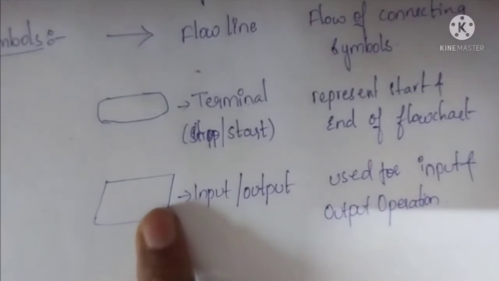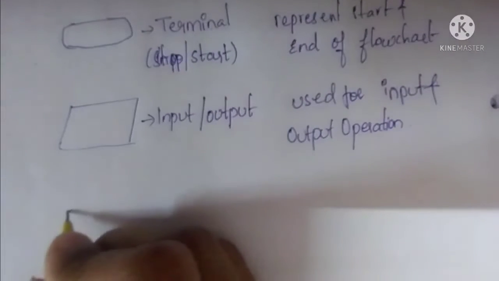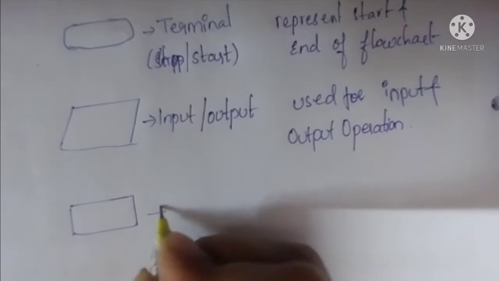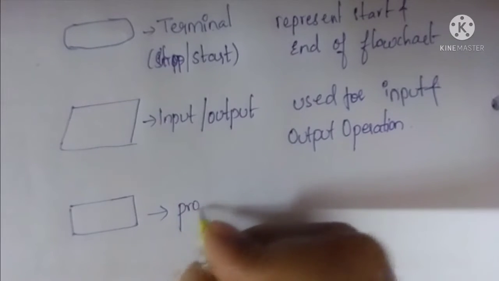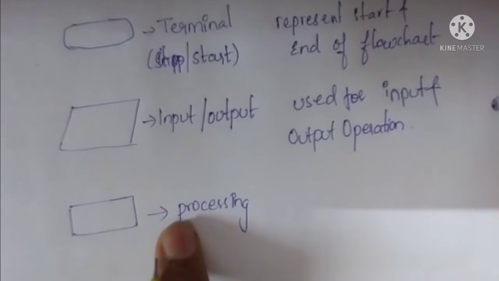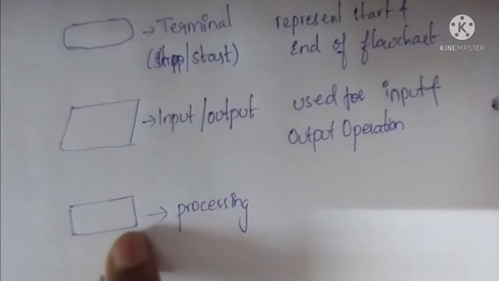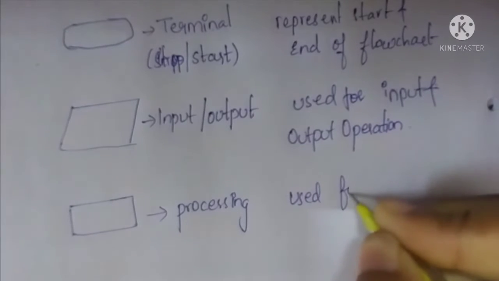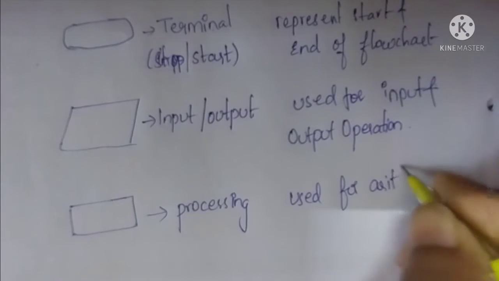After this input and output, we have another symbol, that is a square symbol. That square symbol we are calling processing. This particular symbol is used for arithmetic operations.